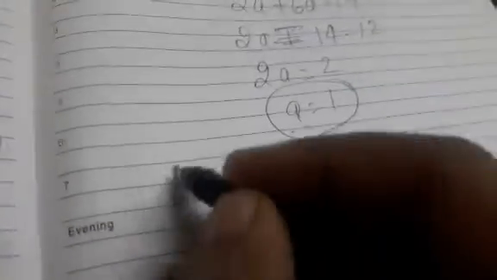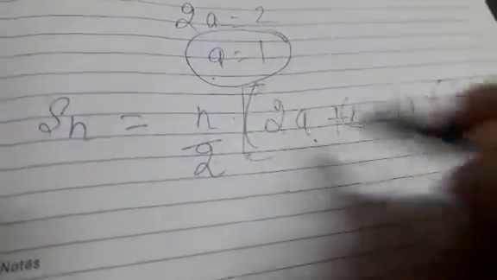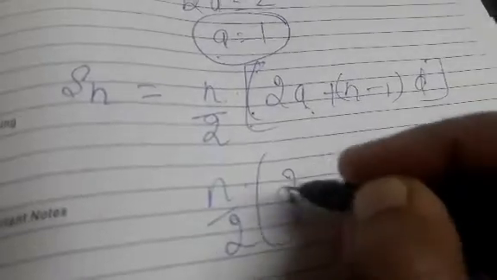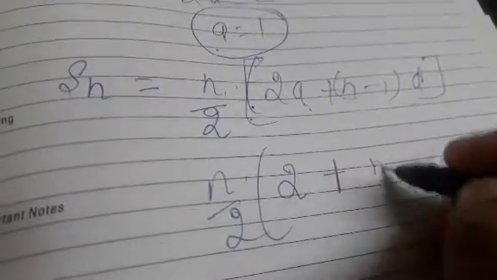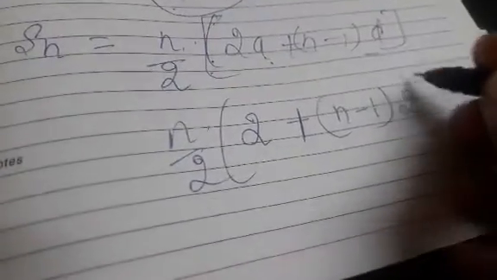Sn is equal to the sum of the n terms. There is no value of n given, just n. So n by 2 into 2a plus n minus 1 d. Okay. Now n by 2 into 2 into a means 2 into 1, 2 plus n minus 1 into d, which is how much? 2.